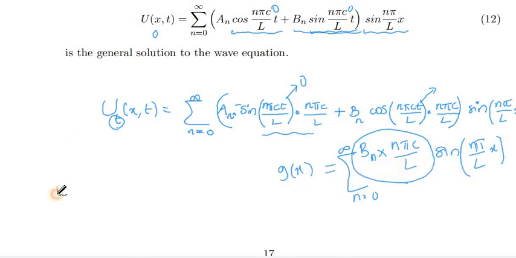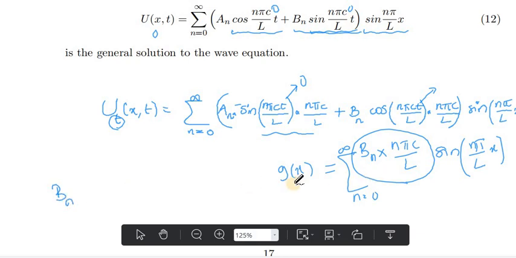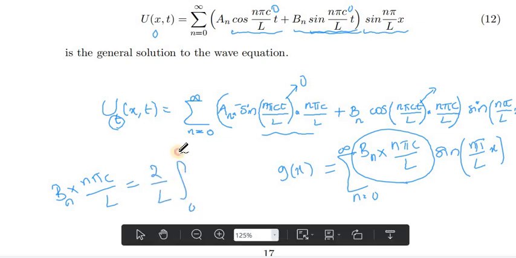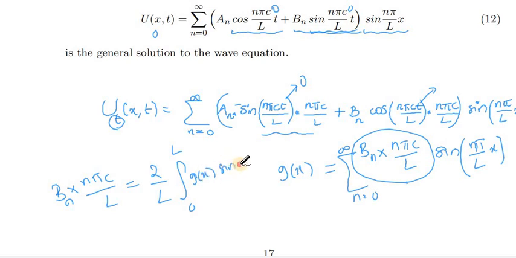So what should be the coefficients? The coefficients are not b_n. Coefficients are b_n into nπc/L. These coefficients must be equal to the Euler formula, that is 2/L integral 0 to L g(x) sin(nπx/L) dx.